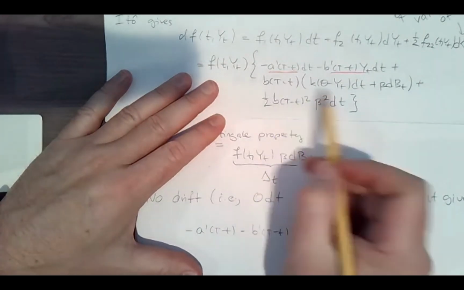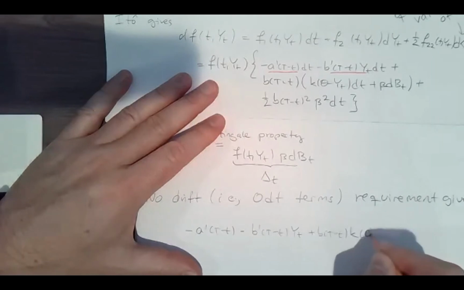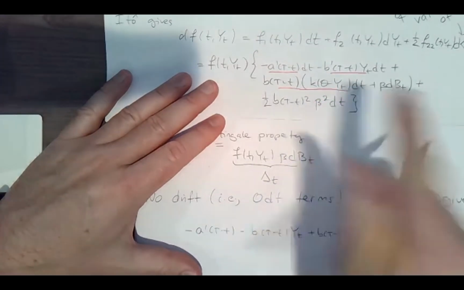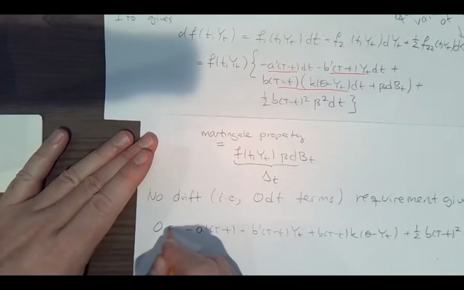Then there's a dt term here, and you have kappa theta minus y_t. That was this guy. And then there is the last one, the credit variation term. This thing has to add up to 0.